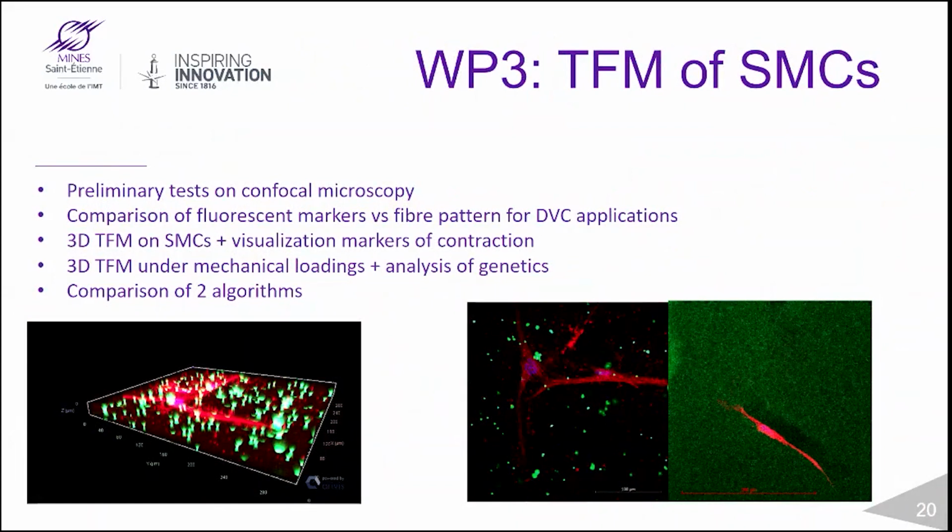So one of the axes of this project is going to be the comparison of traction force microscopy using fluorescent beads and using the fibers of collagen as a pattern. And this will give us the average force applied by the cells on their environment before going into a more precise analysis with inline holography.